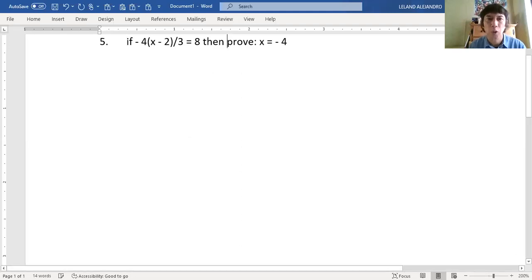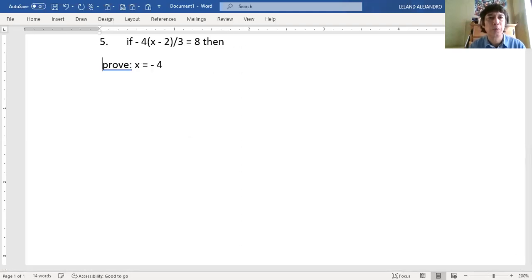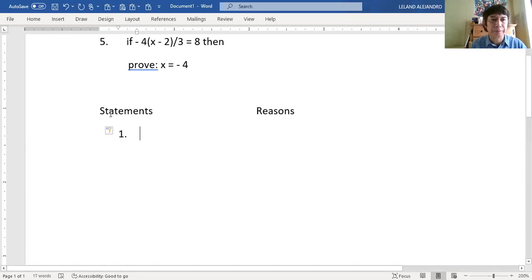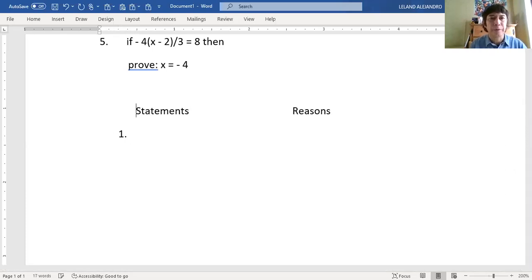Okay, here is the conclusion. We shall prove x is equal to negative 4. Our solution will be consisting of statements and reasons. There, that 2-column proof. And we start with the first number. Okay, of course, we shall start with the given.